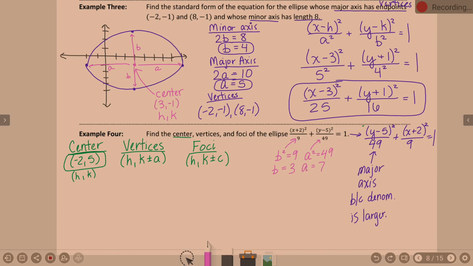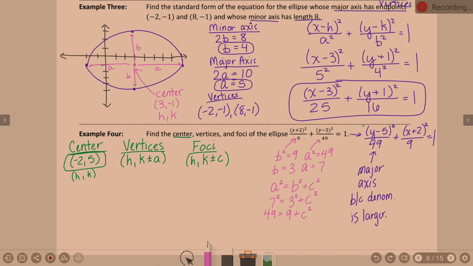What is C? Square root of 40. And where'd that come from? Pythagorean relation. Okay, this is your Pythagorean relation. A squared equals B squared plus C squared. So 7 squared equals 3 squared plus C squared. 49 equals 9 plus C squared.